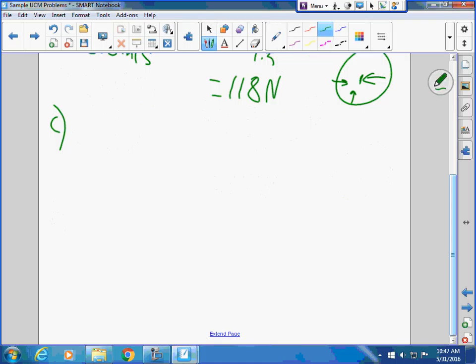I'm debating here how I want to do this. So the net force is that 118. That net force is made up of the string force, Fs, plus the weight force, and that equals 118.